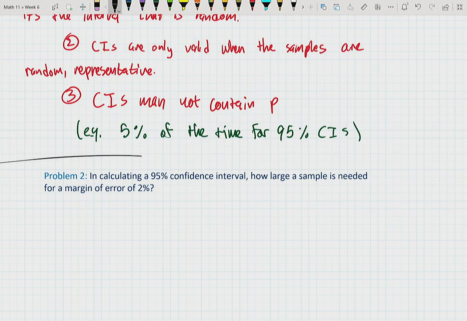Sorry, what does the third warning say? They might not contain the true proportion. Let me rewrite that. You're 95% confident that within samples of 87, the interval between 0.54 and 0.74 should contain p, or something.